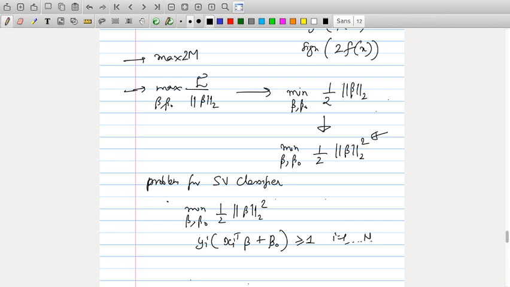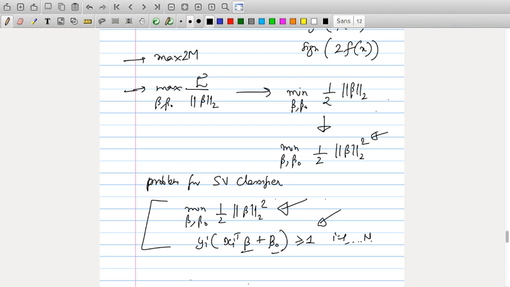It turns out that this optimization problem is a convex problem, because I just wrote down the definition of the norm, and if you square the norm, it's just the sum of squares. So this is a nice function, and these are just linear functions of the variables of this optimization. So it's a nice optimization problem.